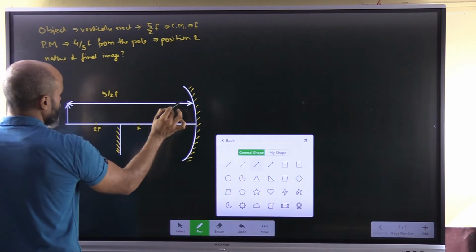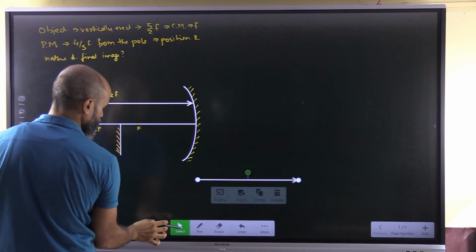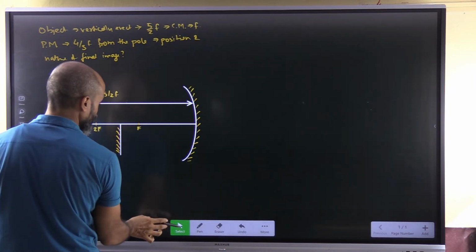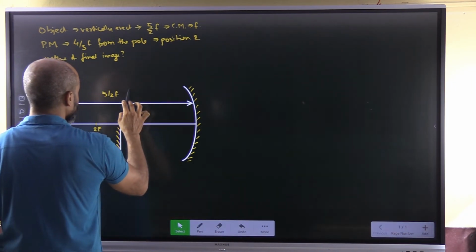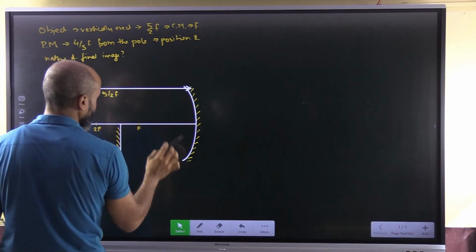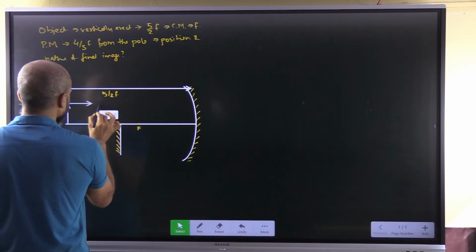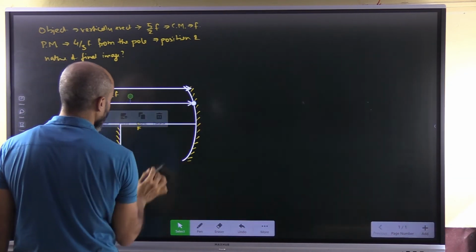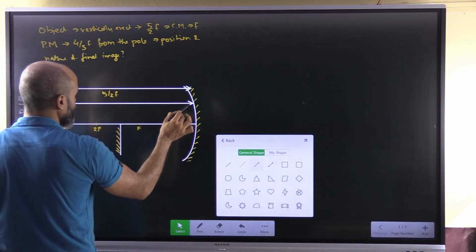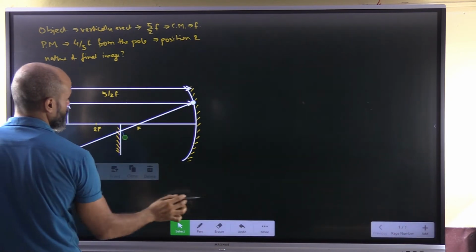If I take a ray of light, let's say I pull this up a little, this 5 by 2f, and I happen to draw a ray of light which is parallel to the principal axis. After reflection, this ray of light will pass through the focus.